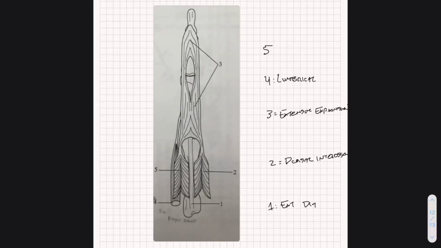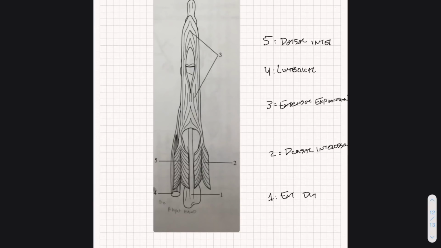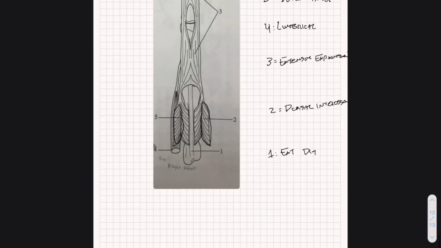And then we have number five. That is actually another dorsal interosseous muscle. So this has two dorsal interossei. I could have just looked at that very first instead of going through everything, but it has two dorsal interossei. And the only finger that has that is a middle finger, because it has two dorsal interossei, or two dabs.